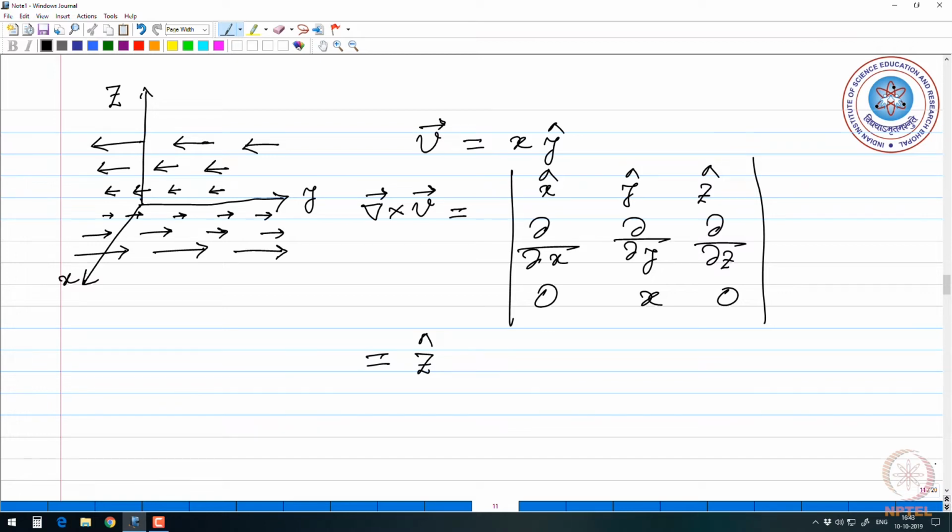So this vector field does have a non-zero curl, and that means the vector field has a finite whirlpool, that is of z cap amount, at every point of it. That's something interesting to see, and this is how we can also understand the geometric meaning of curl. That's very important.